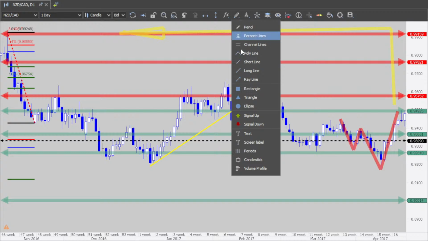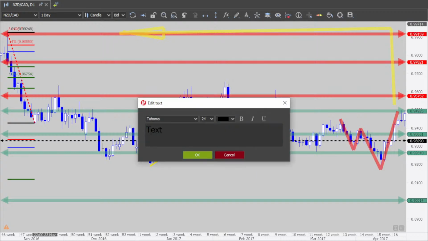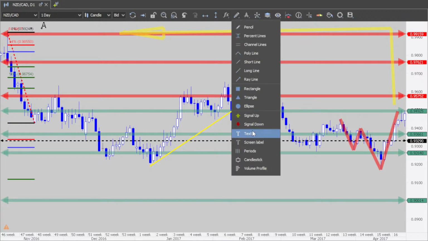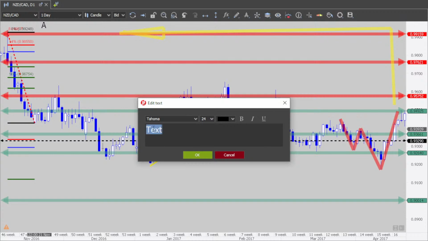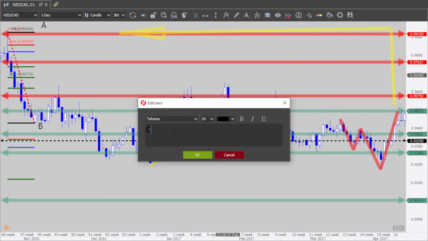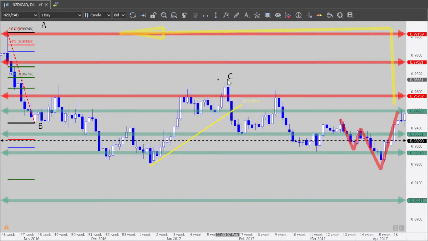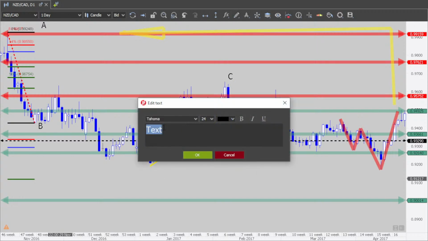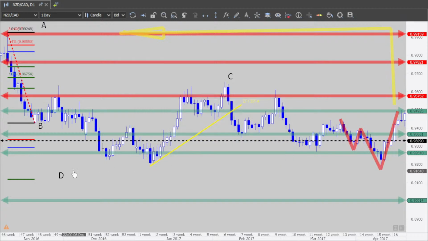So far, this is the A. This is the B. This is the C. And so far green goes to green. Down in here, this is the appropriate D extension.